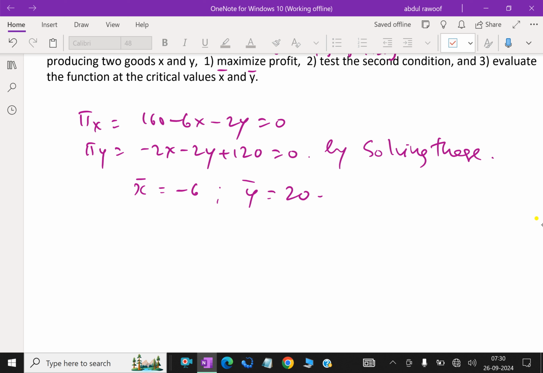Then we can substitute these critical values of x and y. Now we have to find first the second partials.